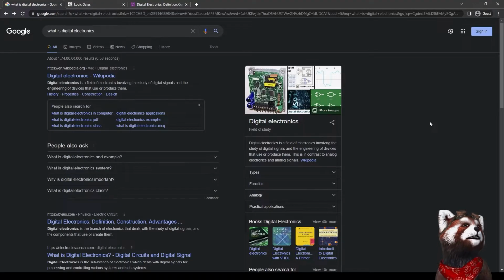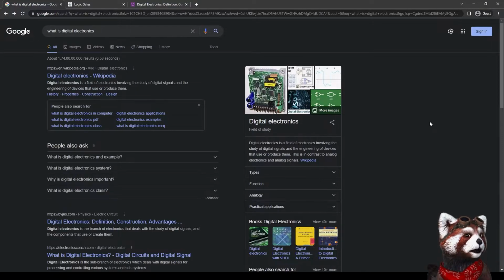The basic information I can get on the internet related to digital electronics is that digital electronics is a field of electronics involving the study of digital signals and the engineering of devices that use or produce them. This is in contrast to analog electronics and analog signals. In basic terms, digital electronics deals with ones and zeros, or you can say 5 volt or 0 volt, or when you use Arduino or some other programming, you give digital output as high or low.